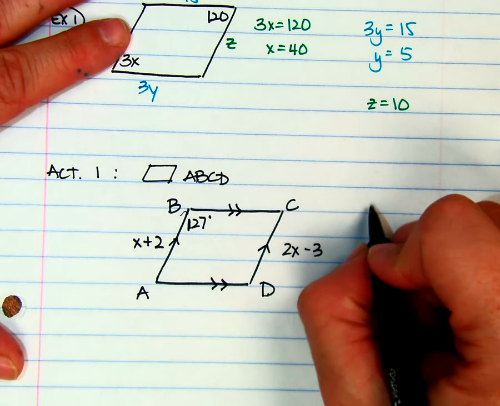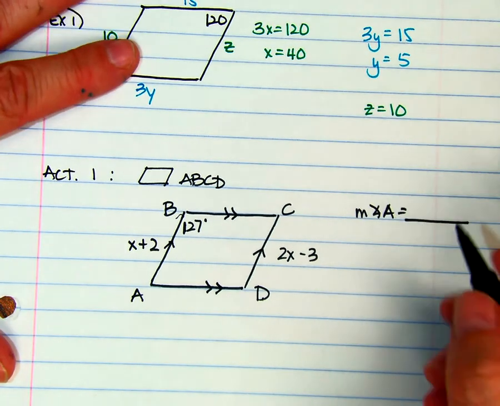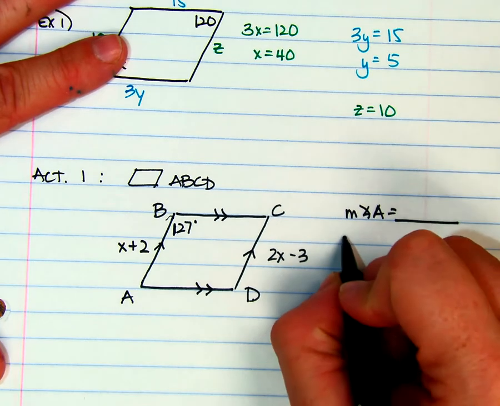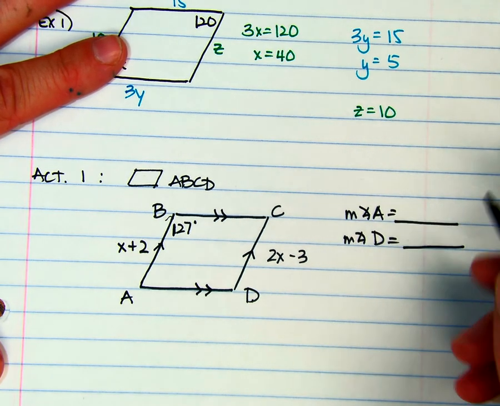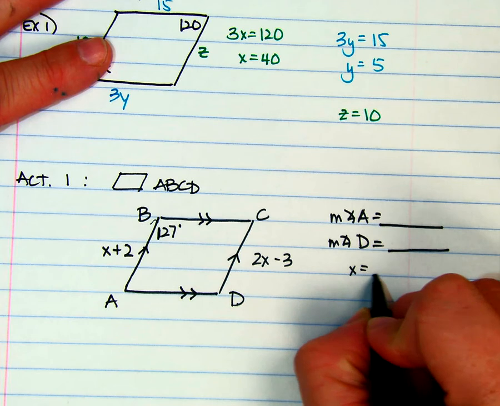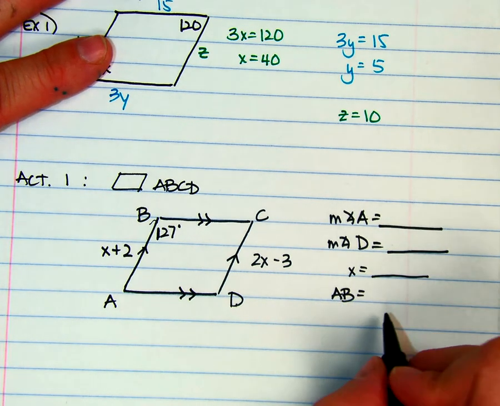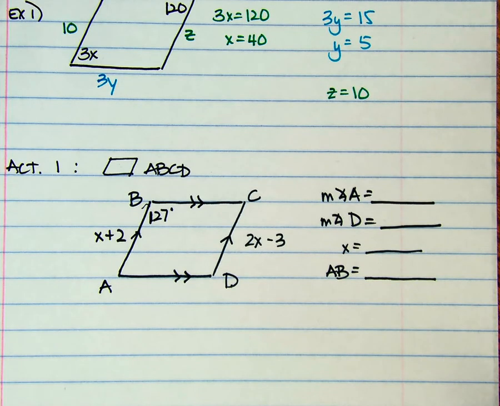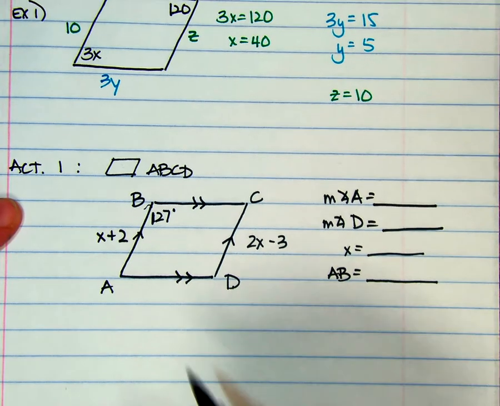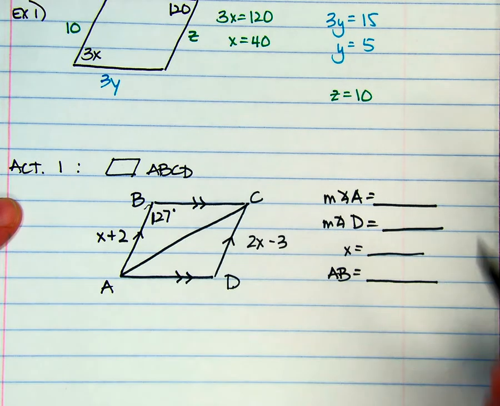So I want you to find the measure of angle A, the measure of angle D, x, and the length of AB. And actually I'm going to give you one more in here. I'm going to put this segment in here.